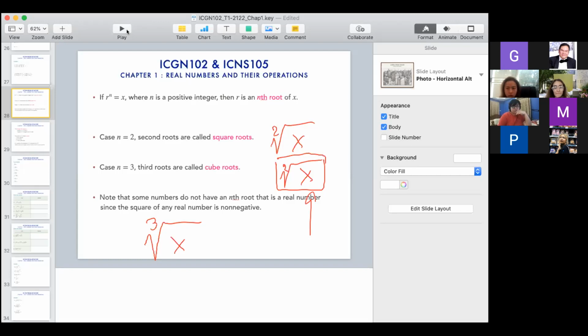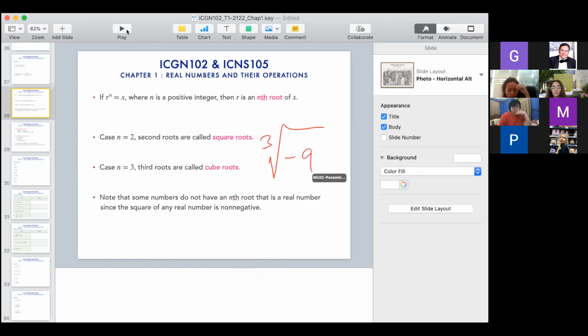For example, the square root of negative 5 is undefined, you cannot find it. But if you have the cube root of negative 27, this is okay.